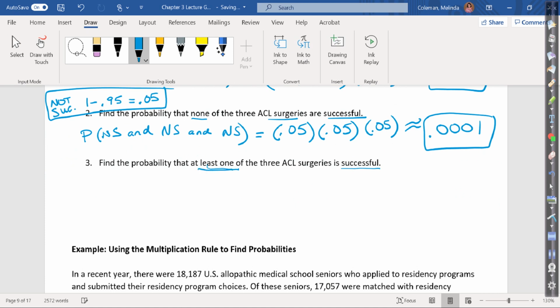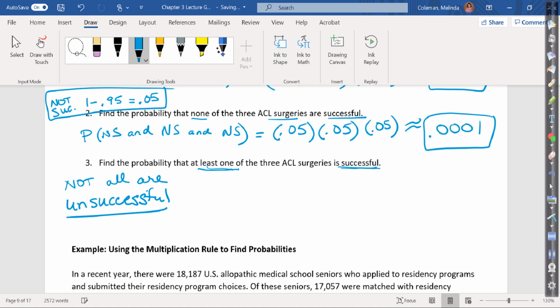So at least one successful says not all are unsuccessful.